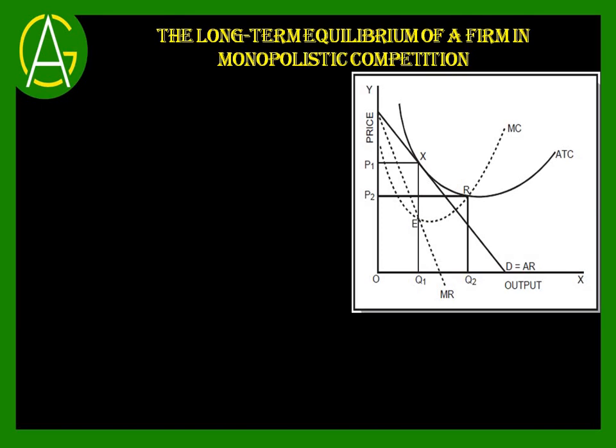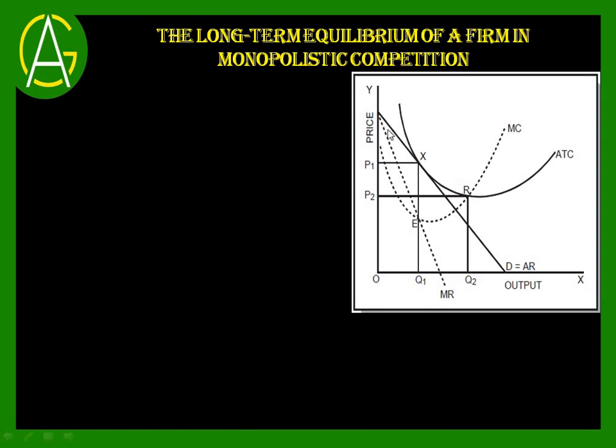But the firm under imperfect competition is not an ideal firm because it cannot produce up to the minimum point of average cost curve. It has to produce lesser than that. Let us see how it happens.